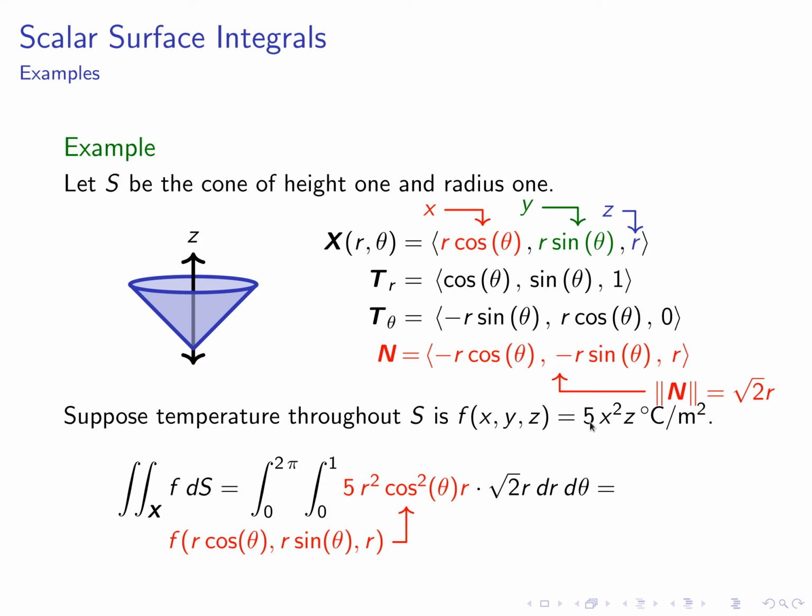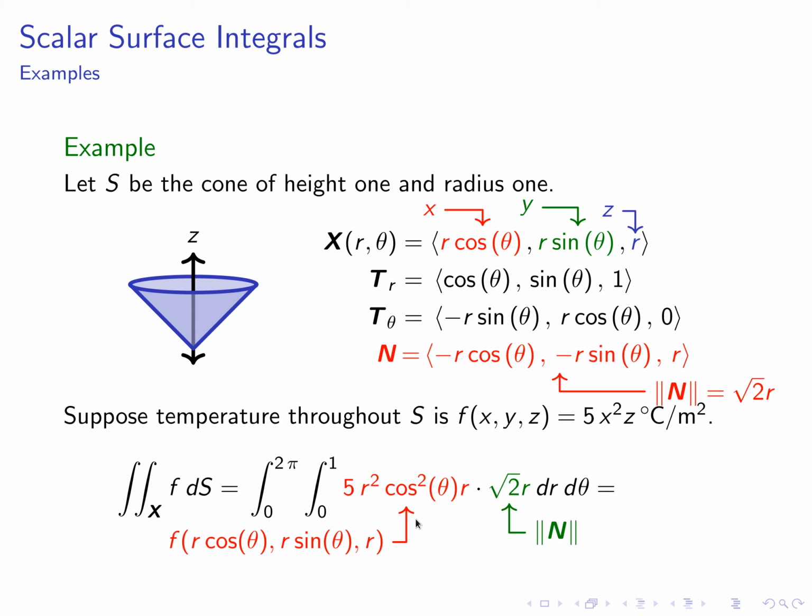So now we're looking at 5 times x squared times z, where x is replaced with r times cosine theta, and z is set equal to r. Then we multiply by the length of the standard normal vector, which we just calculated to be the square root of 2 times r. And now this parameterization is defined for r's ranging between 0 and 1, and theta's ranging from 0 to 2 pi.